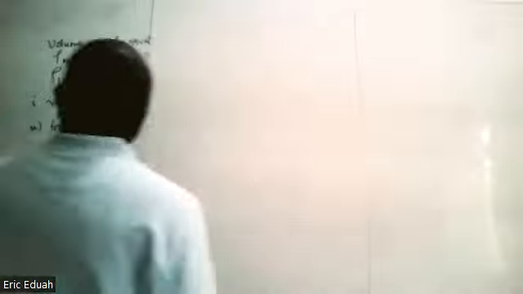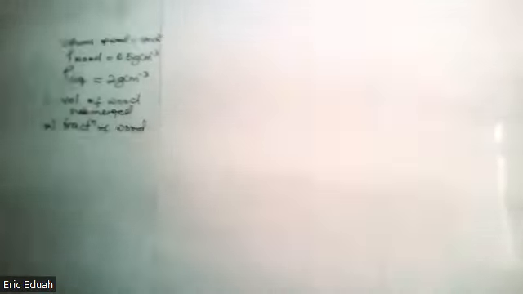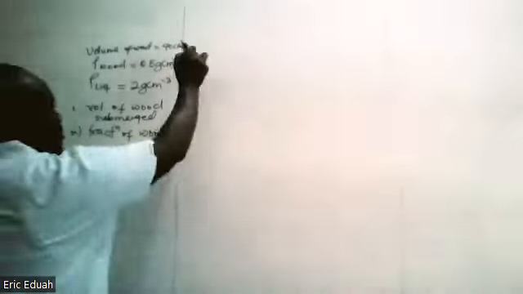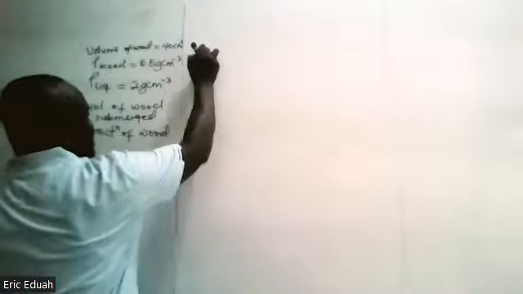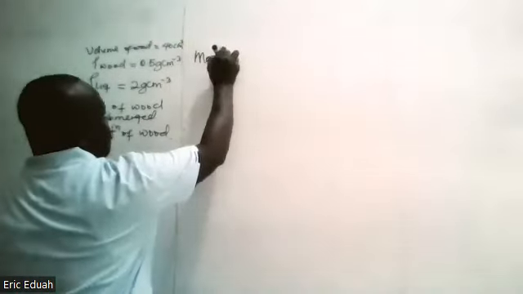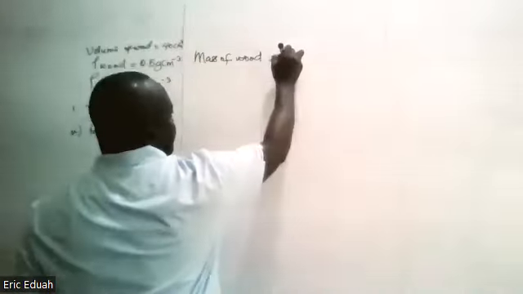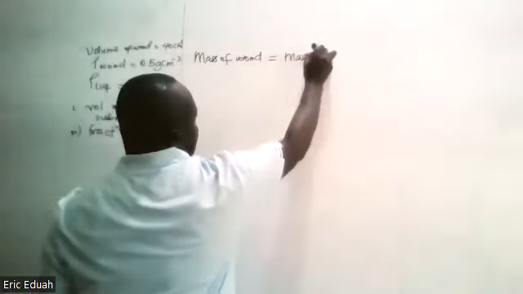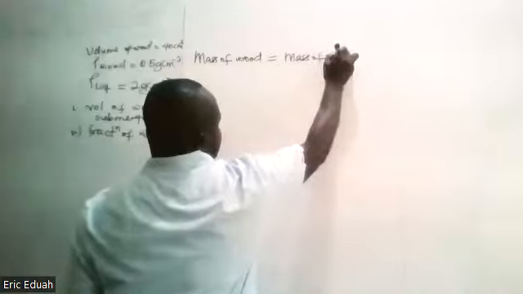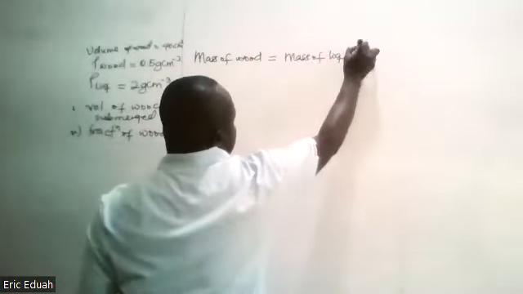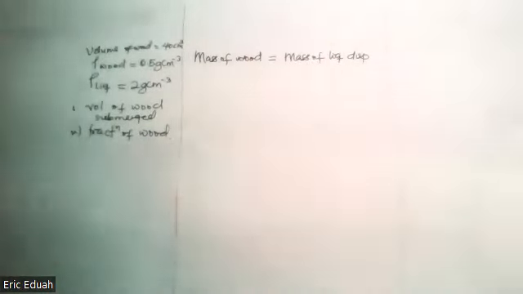So once the wood floats in the liquid, by the law of flotation, mass of wood must be equal to mass of liquid displaced. Now what is the mass of wood?